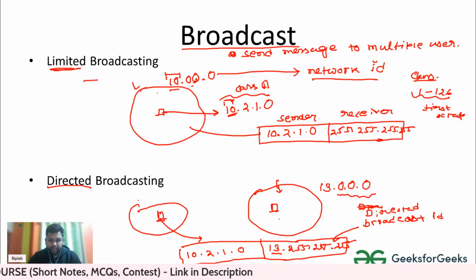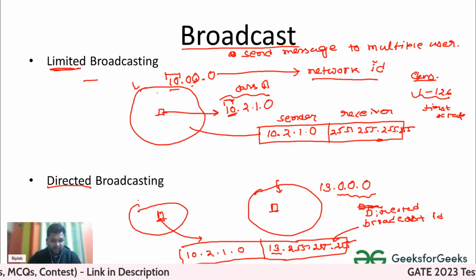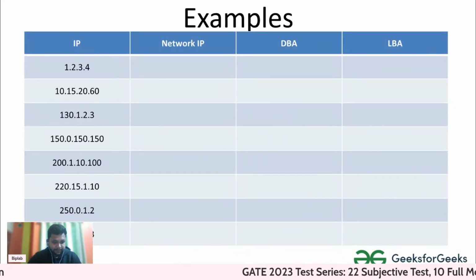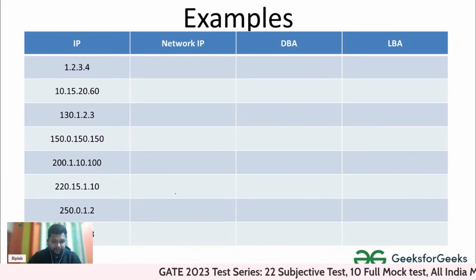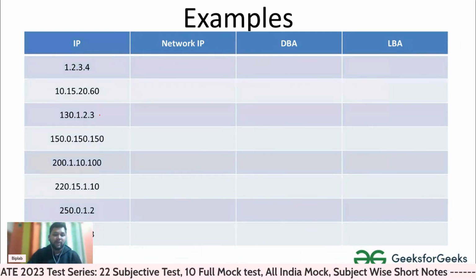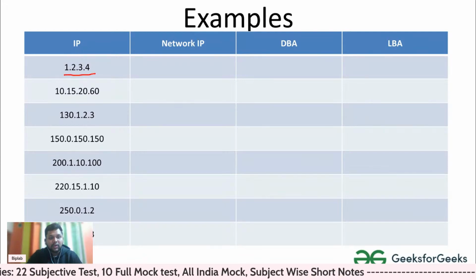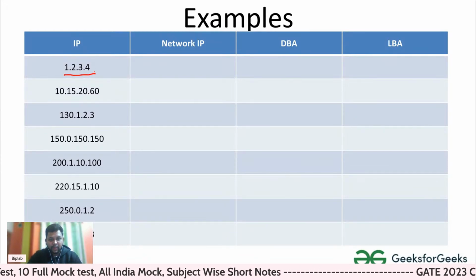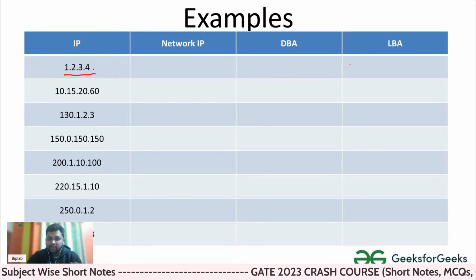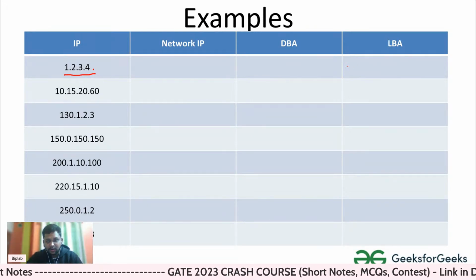Fine. So if it is fine, let us fill a table. Now we will practice more so that it will be more clear to you. You are given an IP address. We already know the limited broadcast ID will be the same for all, that we have already talked about.